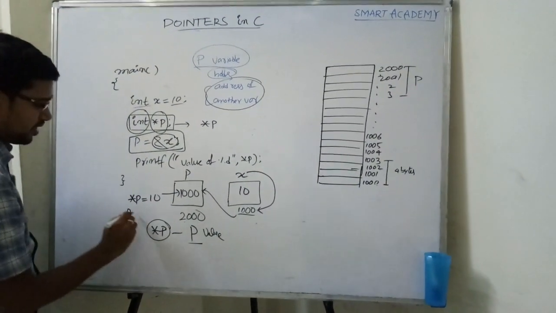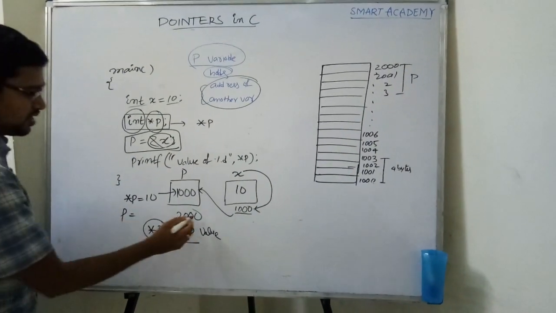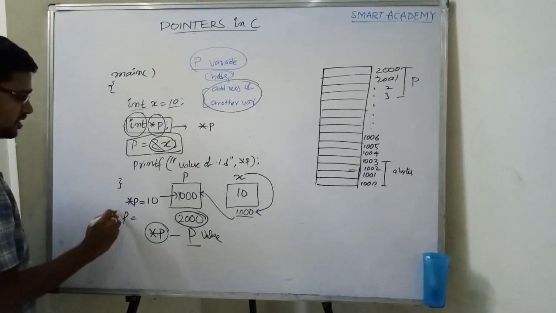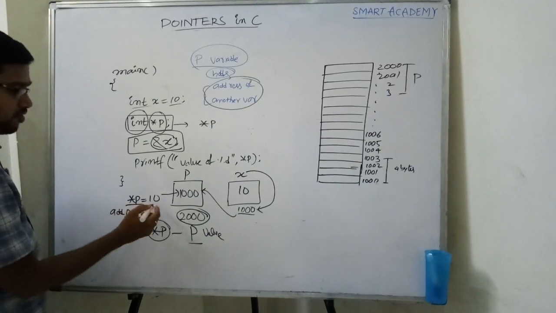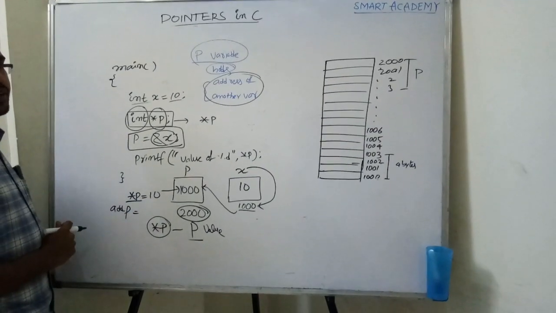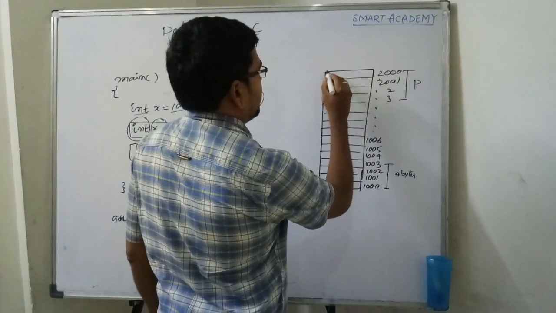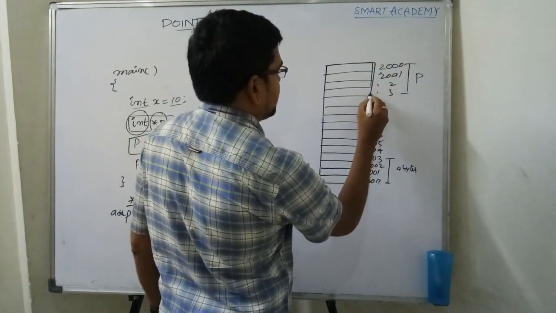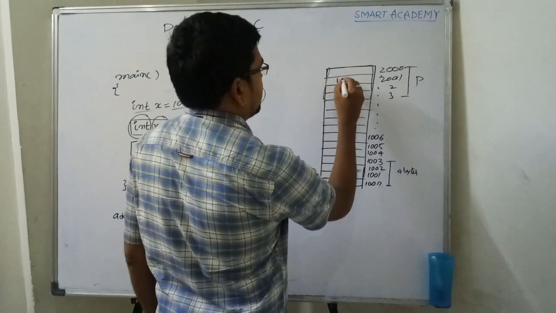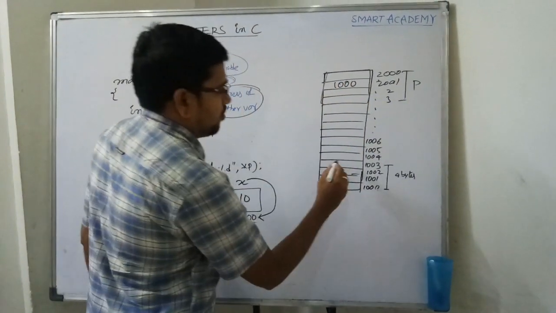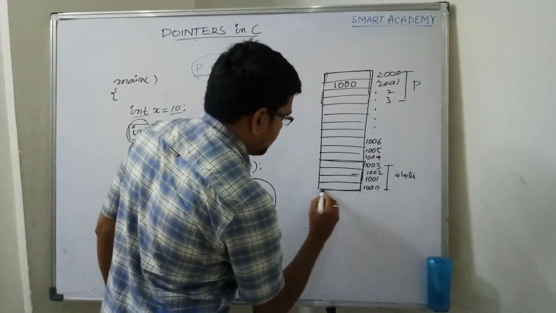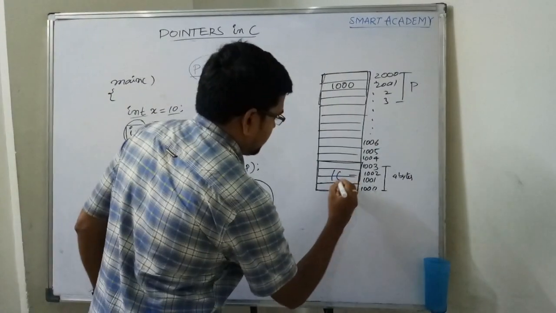If I just say p, what is the value of p? This is 1000, because the address of p is 2000. So my value in these 4 bytes is 1000, whereas my value in those 4 bytes is 10.